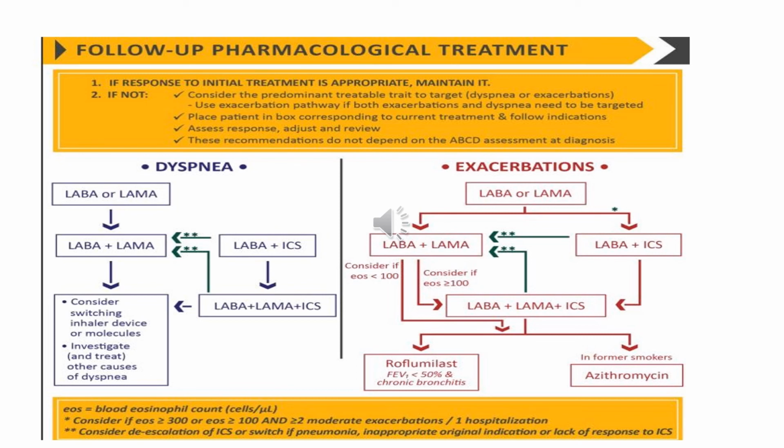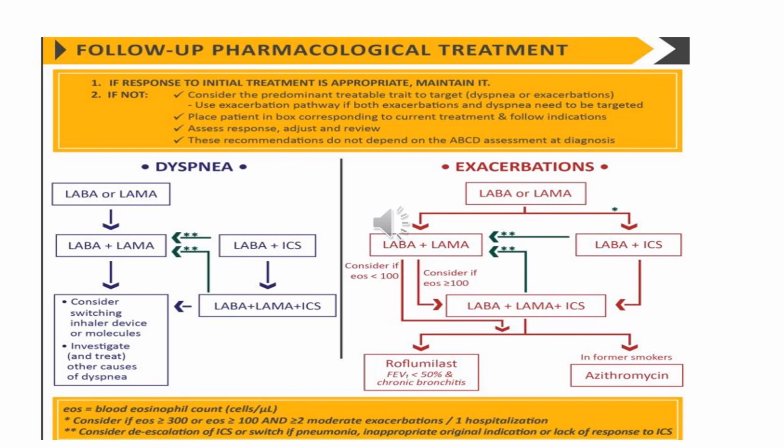When on the dual agent the exacerbations are not controlled and the eosinophils are less than 100, that means steroids won't be helpful. So we go to roflumilast and azithromycin. Azithromycin may be useful, and roflumilast may be useful in FEV1 less than 50%.